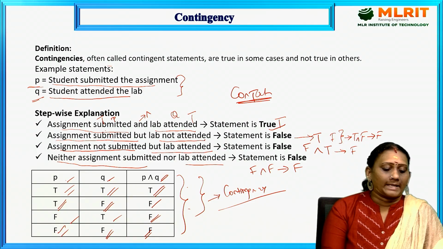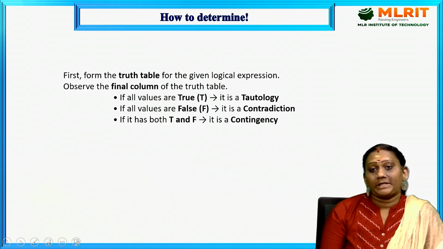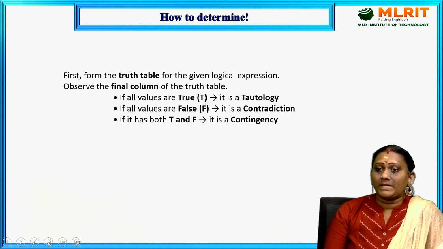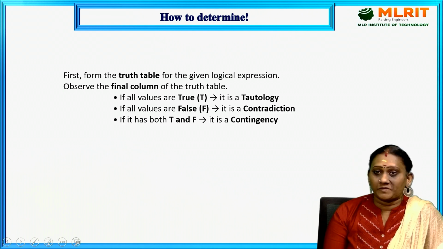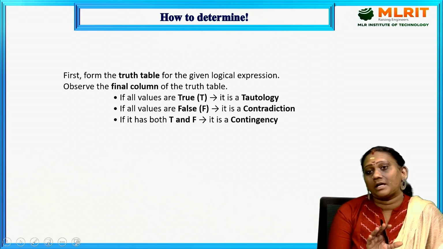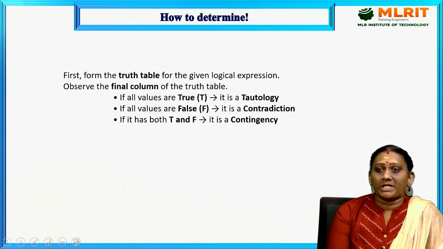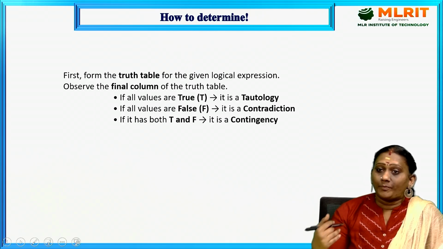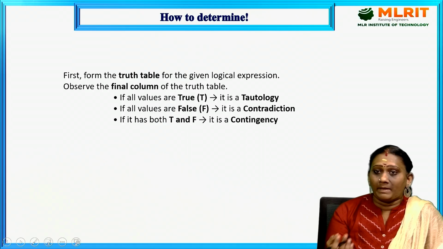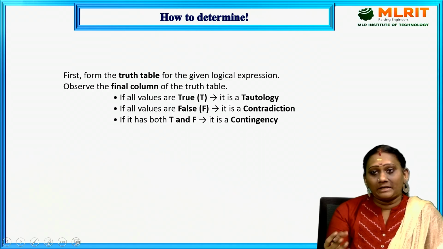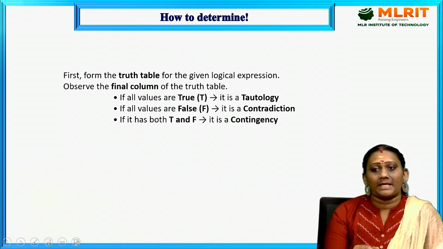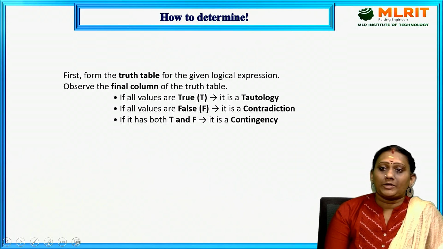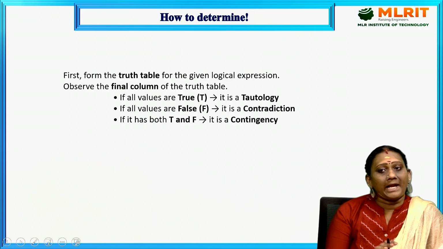So next, how to determine? Let us revise once. When we analyze a set of statements in a data set, we want to see whether the outputs are completely true irrespective of the inputs, completely false irrespective of the inputs, or a combination of both. In these cases we look at tautology, contradiction and contingency.